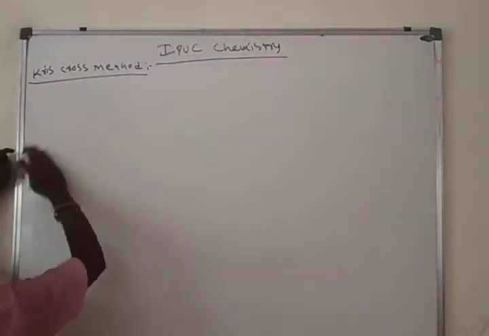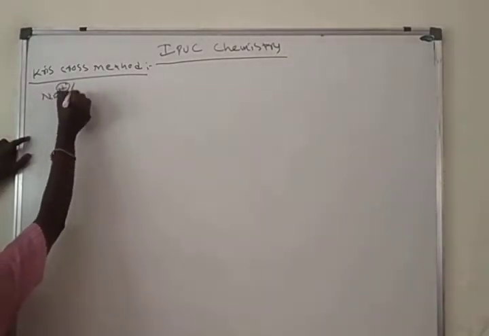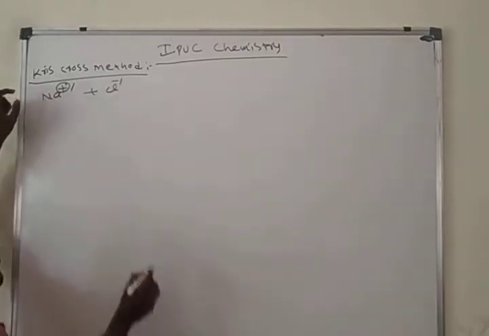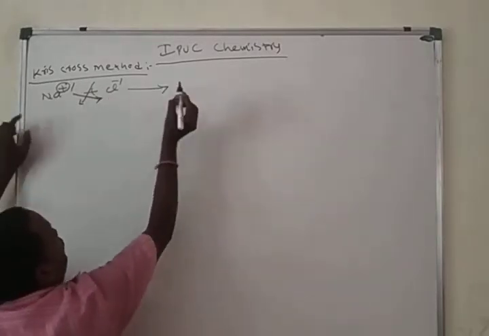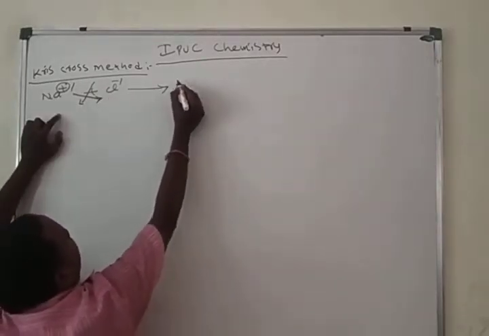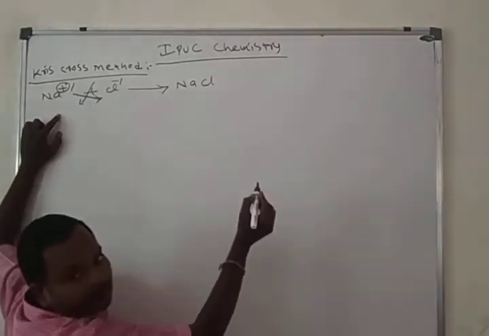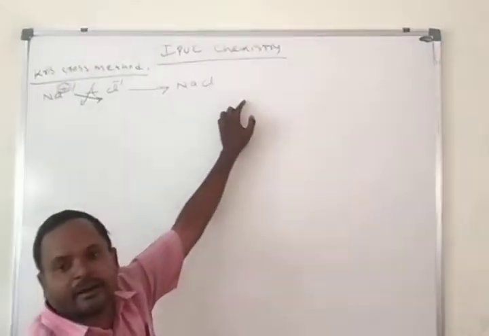The sodium ion is Na plus 1. It reacts with Cl minus 1. What is the formula? Here Na plus, it means Na1Cl1, NaCl. This we call sodium chloride.